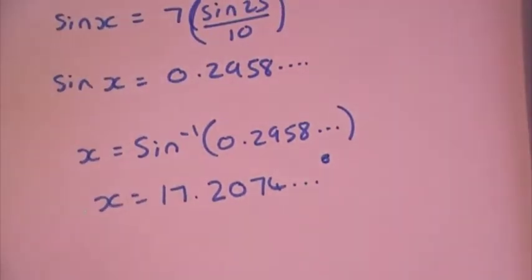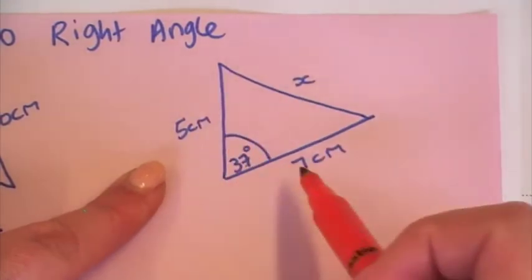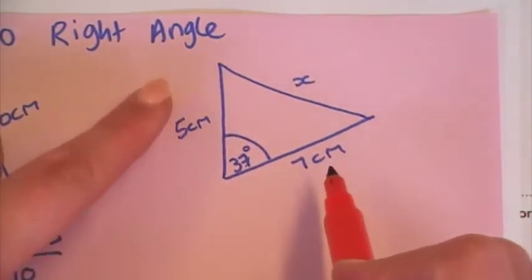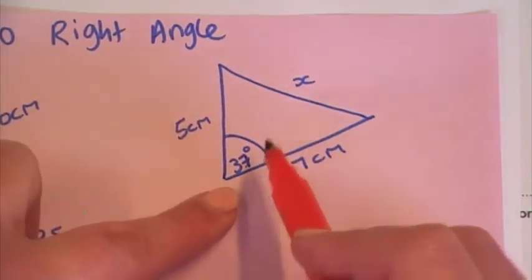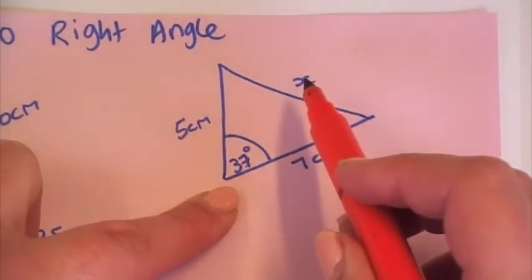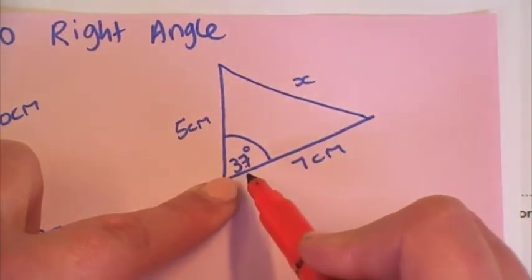2 angles, 2 lengths. Let's have a look at this one then. So here, I've got a non-right angle triangle, 2 lengths given, an angle given, and a third length. So I've got 3 lengths in use and an angle in use.